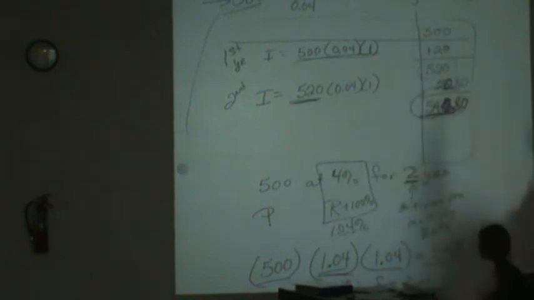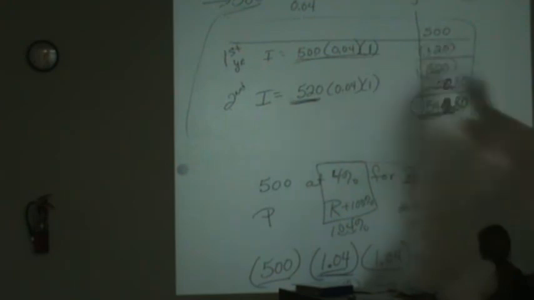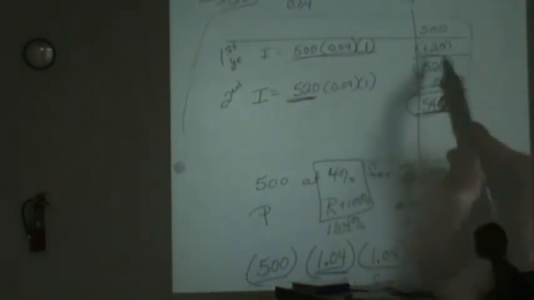It adds it back to the 500. This is 4% of it. And if you did 104%, you would have got the 520. So that's why it works: you're adding that 100% back onto the interest every time.